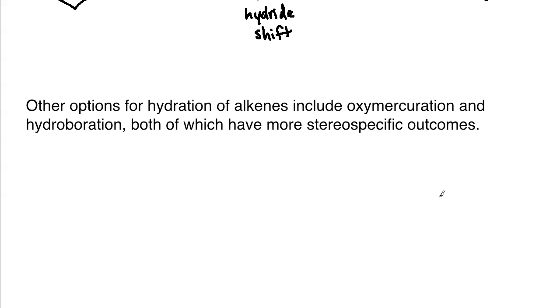The oxymercuration will always give an anti outcome, and the hydroboration will always give a syn outcome for the stereochemistry. So good things to keep in mind if you want to be more selective in your hydration process. So that covers hydration of alkenes using an acid catalyst along with heat.